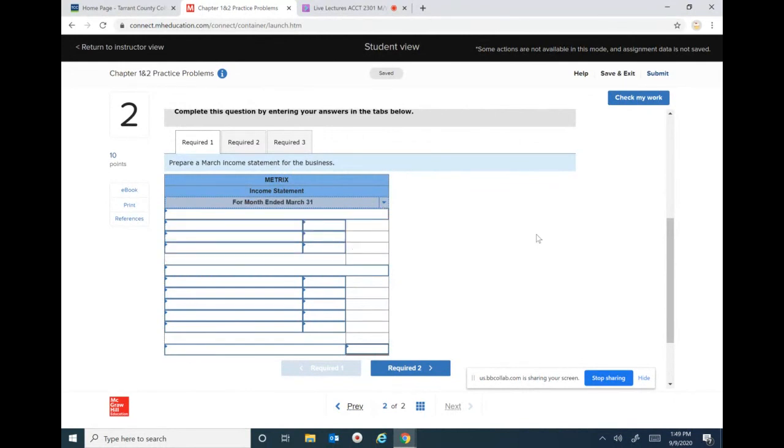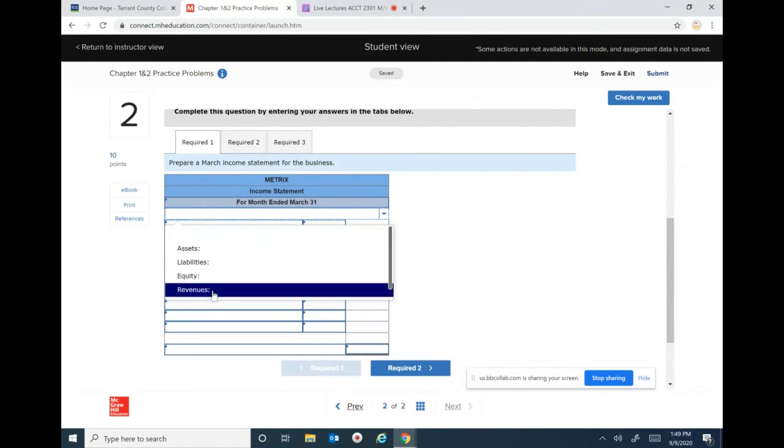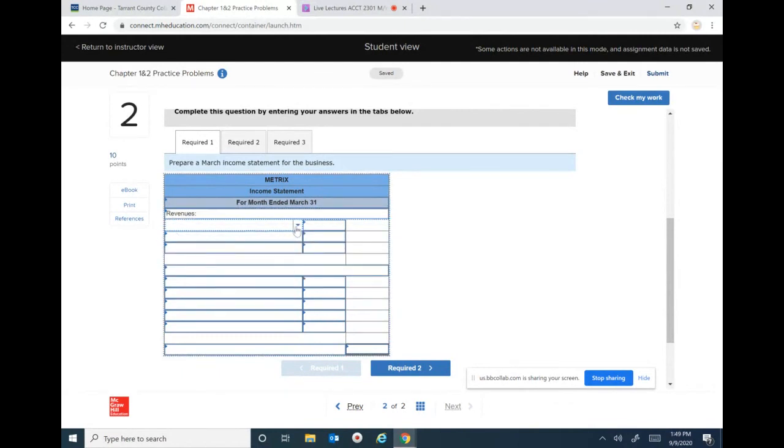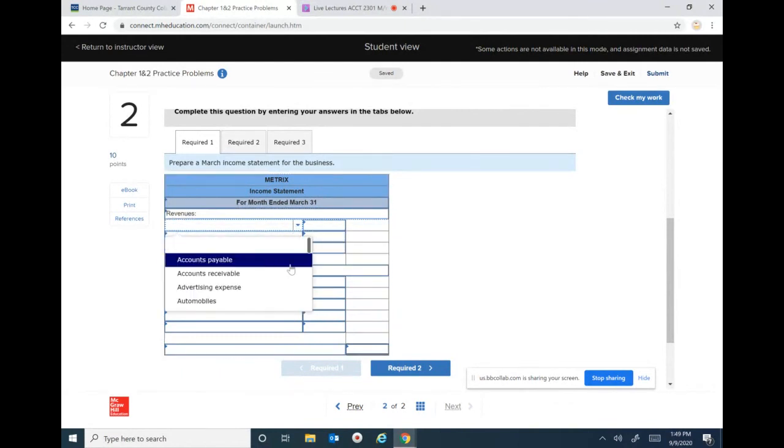So the income statement reports performance for a period of time. In this case, for the month ended March 31st. The first thing that I'm going to show are revenues. I'm going to start with the largest revenue, which in this case is consulting.